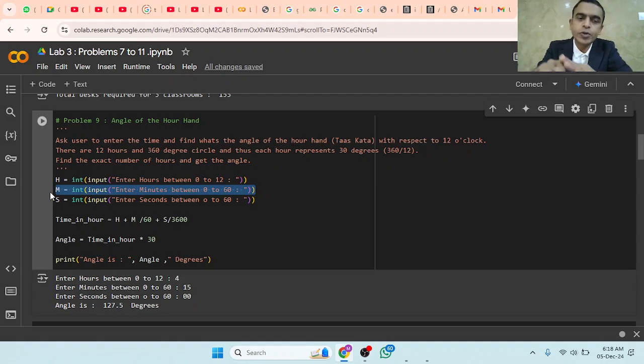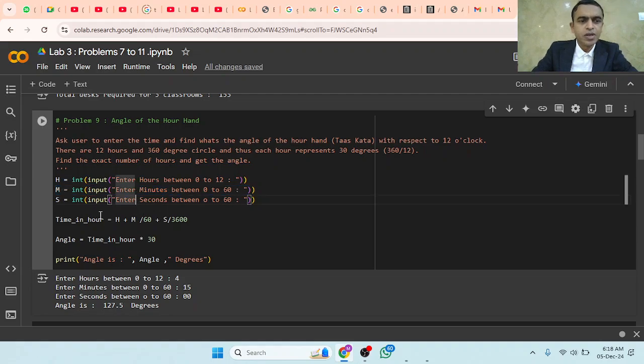If it is not, we'll tell the user to please re-input because it is beyond the boundary. Similarly, we will do input validation for m and s, minutes and seconds. But currently, we are assuming that the user is sane and puts in the right inputs, and we are going ahead with the program. Later, we will modify this program in the later part of the course.